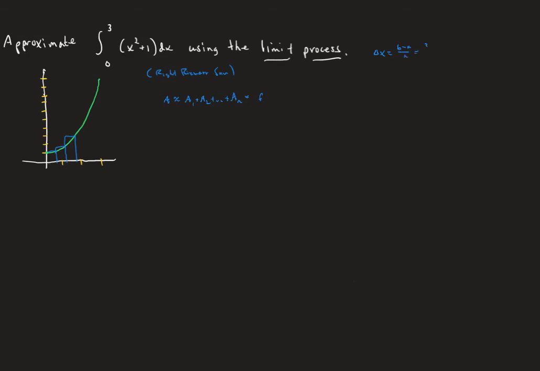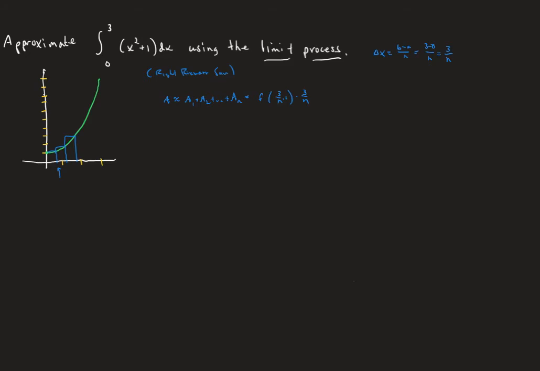So that for us is 3 minus 0 over n, which is 3 over n. So for our first rectangle, we are going to plug 1 delta x into our function, and our height is going to be f of 3 over n times 1.